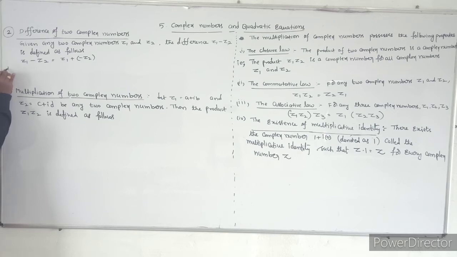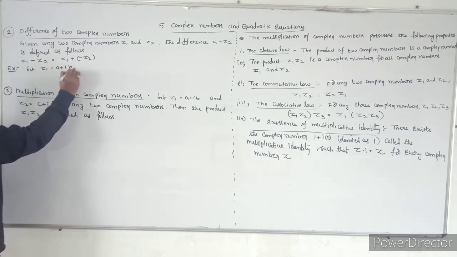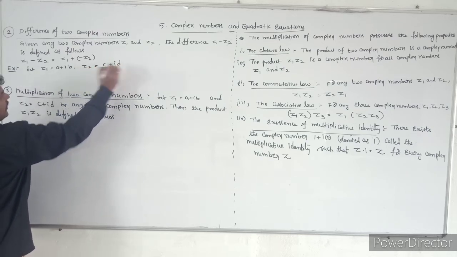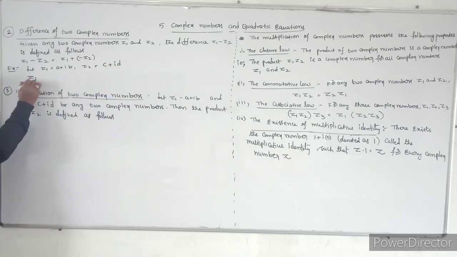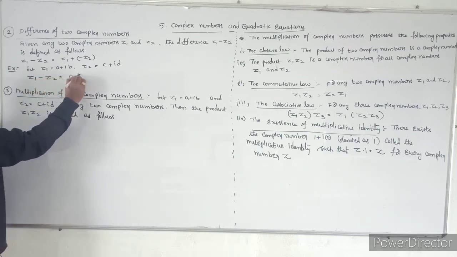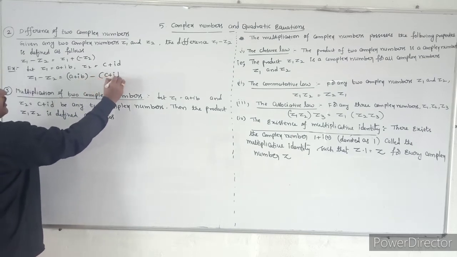You can see this one here. Let z1 is equal to a plus ib and z2 is equal to c plus id. Then z1 minus z2 is a plus ib minus c plus id.